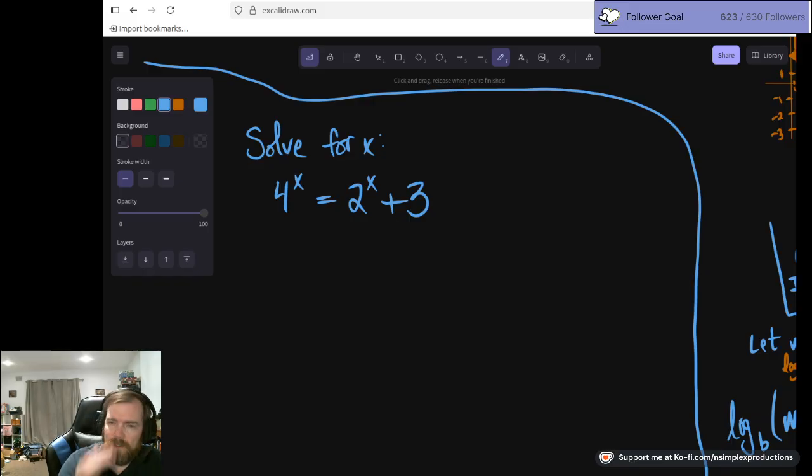So the obvious one here is if x were 0, then we get 2 to the 0 is 1 plus 3 is equal to, but here then we get 1. So that would not work. So that's kind of wishful thinking. So I don't think this is going to be pretty nice. Oh no, no good news? What's that?